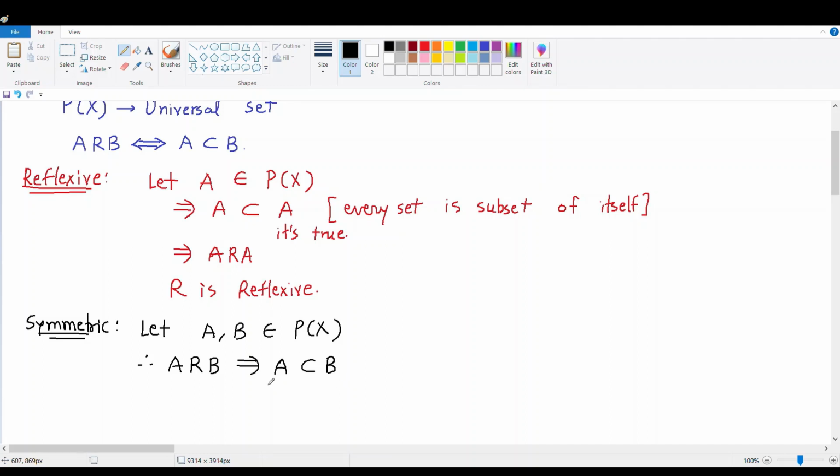But if you change that, instead of A, if you put B, and instead of B, if you put A, what happens? B is a subset of A. Is that correct? No, it's not. B is not a subset of A. Why? Because A is a subset of B. So if A is a subset of B, B cannot be a subset of A. So this is not true. And since it is not true, R is not symmetric.